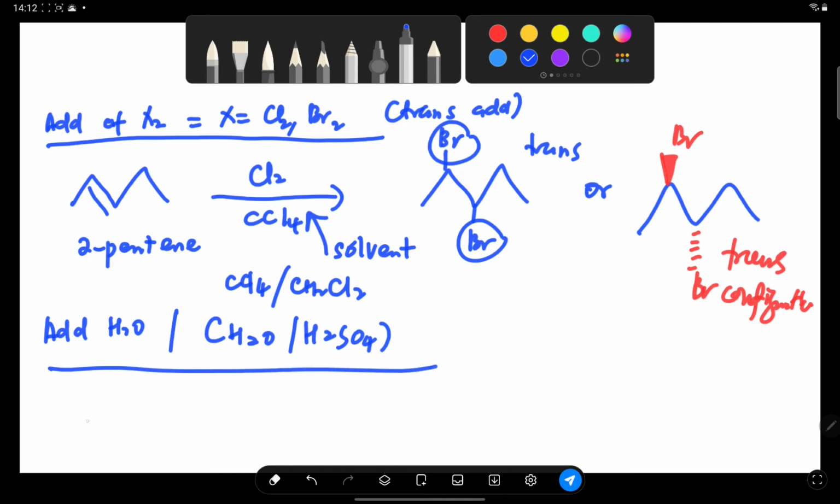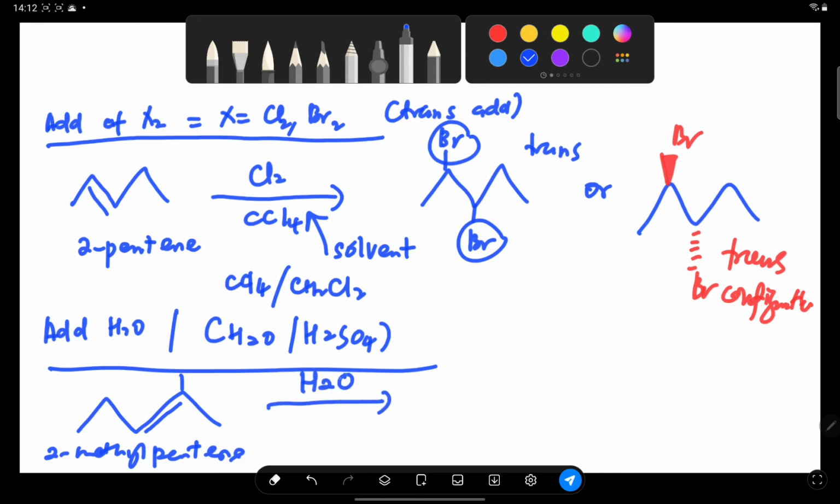So you have here, 1, 2, 3, 4, 5, 2-methyl pentene. In the presence of, you react with H2O in acidic condition.